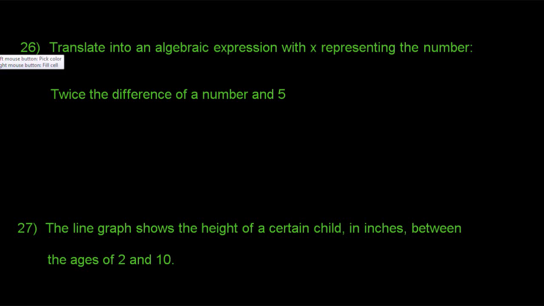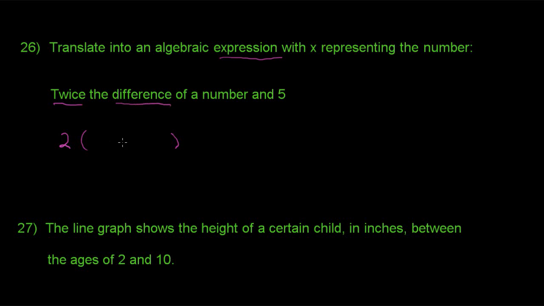Next problem, another translation, but this time we're going to translate into an algebraic expression. So we don't expect an equal sign in this, with x representing the number. And it reads twice. And what does twice mean? Twice means multiply by 2. So we're going to multiply 2 times something. And in this case, the something is the difference.